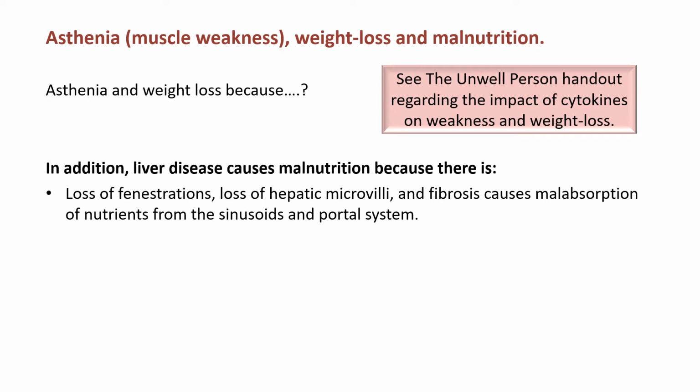In addition, in particular in liver disease, there may of course be malnutrition because of those issues we talked about: the loss of the fenestrations in the endothelium of the sinusoids, the loss of the permeability of the basement membrane, the loss of hepatic microvilli to ensure there's a good area for absorption, and also the build-up of collagen within the space of Disse and around the hepatocytes.